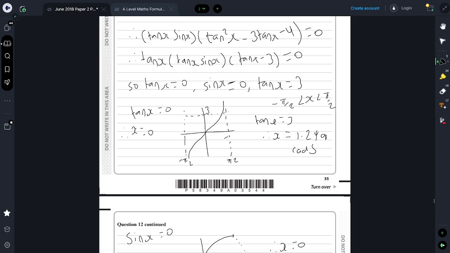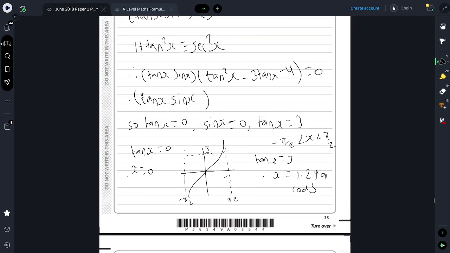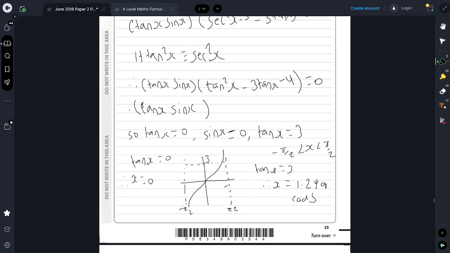So okay, all of this is going to have to get rid of. Actually, oh no, we can use this bit. Tan x sin x, I believe. But we need to factorize this. So this is a hidden quadratic, right?